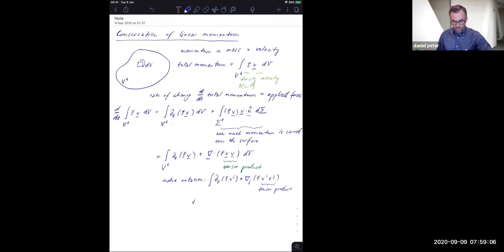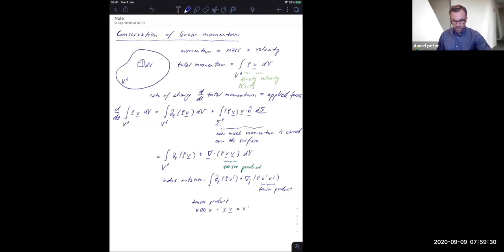So tensor product, think of it as using two vectors and constructing a matrix with these two vectors. Sometimes you see a symbol like that for the tensor product. We use it like this without the dot.